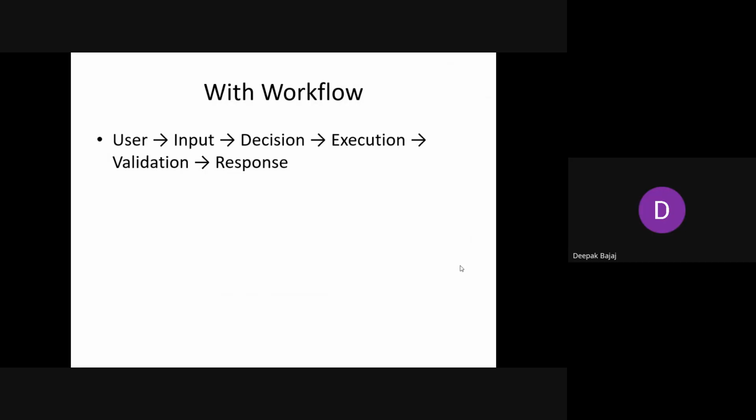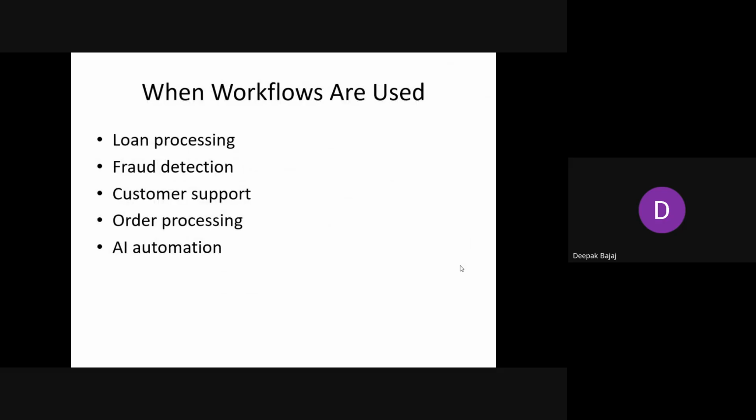Workflow should be there, and if you check the second video on workflow, we will learn that. So: user input, decision, execute with workflow, validation and response. These are the situations when workflow is used.